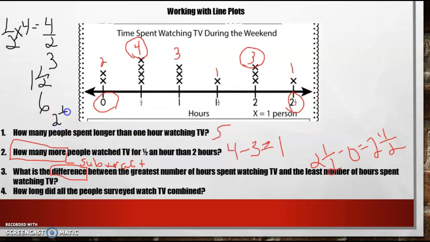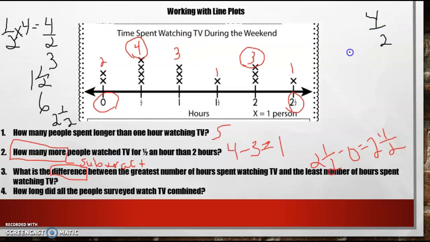Now here's the deal. The way I wrote this, I can't add those up together. I don't have it lined up right. You've got to line up the fractions and the whole numbers. So I'm going to come over here and line it up correctly. I have 4 halves. That's a fraction. I have 3.